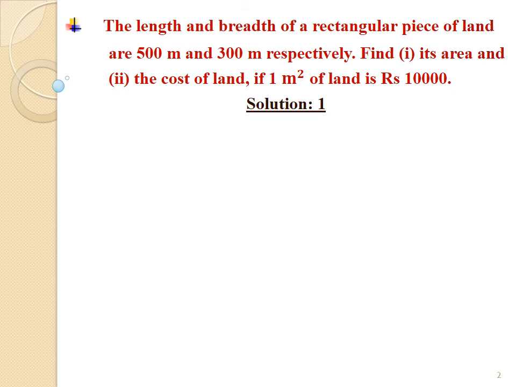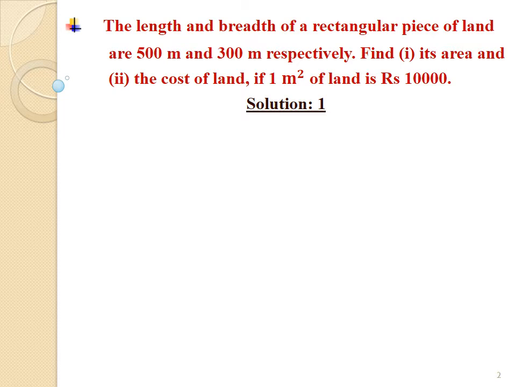Students, in this question, length and breadth of a rectangular piece of land are given to us, and we have to find out the area of a rectangular piece of land and also the cost of land.